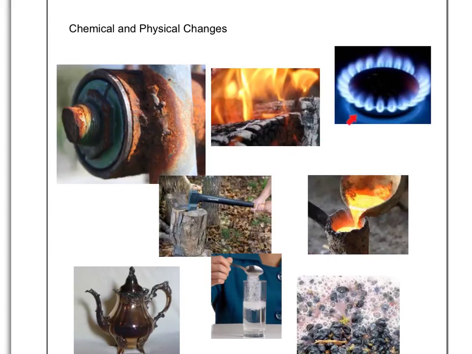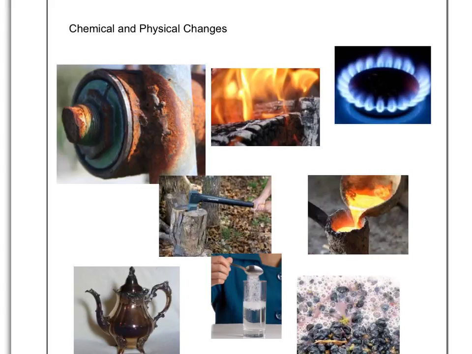This up here is methane burning. Once you've burned methane, you still have the same atoms, which is something we'll talk about more in the future, but they're rearranged in such a way that you can't easily reverse them. On the other hand, if we chop some wood, we have wood to begin with and wood at the end, so that's not any kind of chemical change.